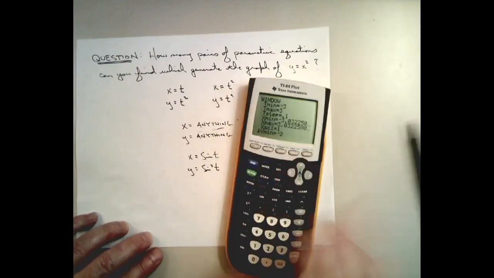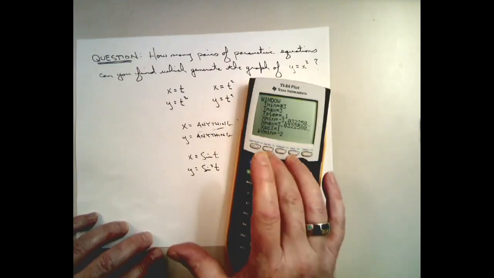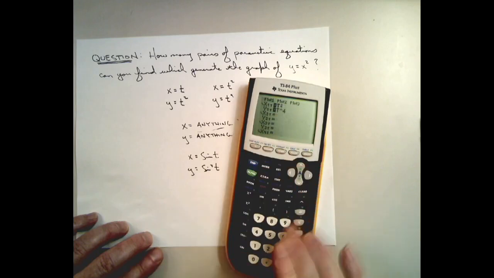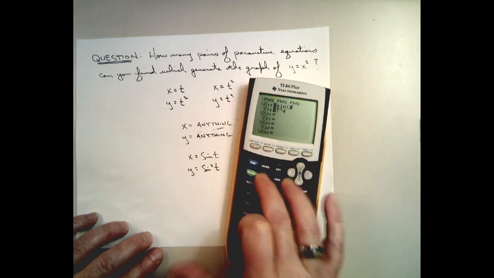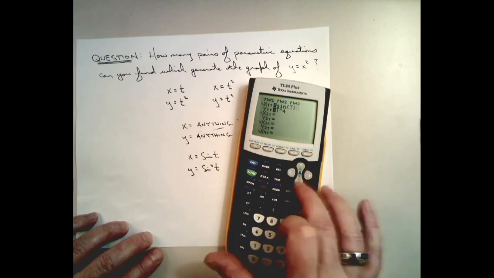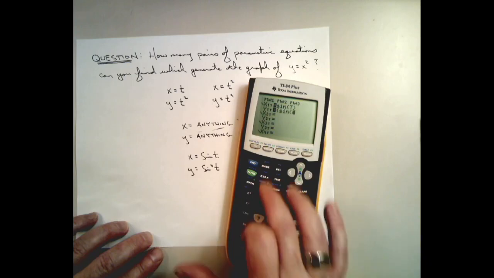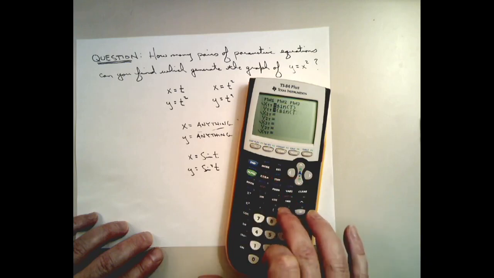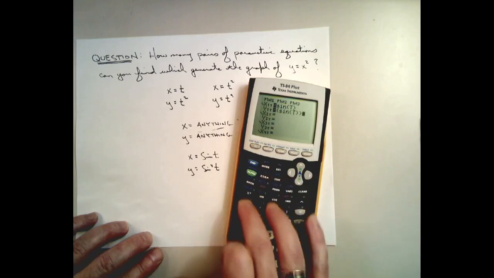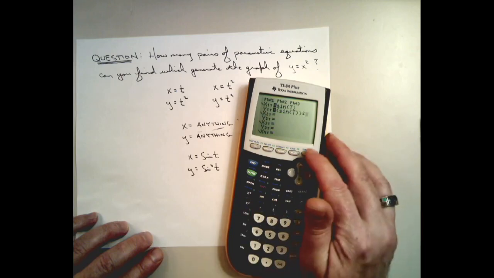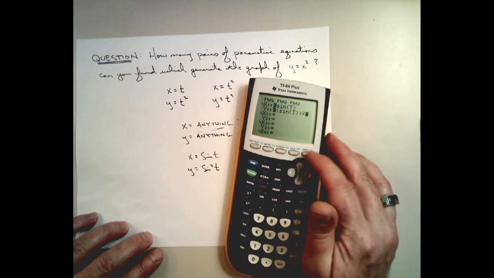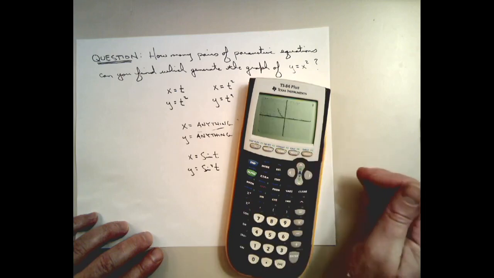So we wouldn't expect very much of the parabola to show up. If this is sine t, and this is sine of t quantity squared, then I should only get a small little bit of the parabola. And there it is.